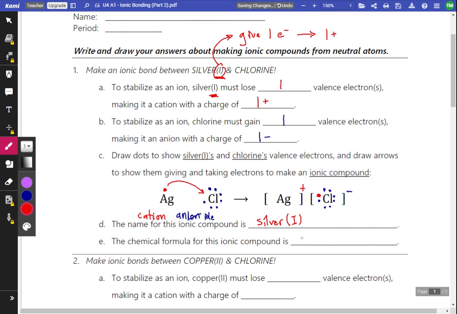This I stands for 1. Now, technically, that Roman numeral goes directly after the cation name, which means there's no space in between. It's not silver space and then our Roman numeral. And we always do it in parentheses.